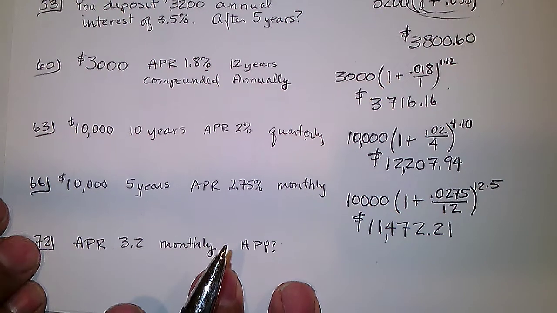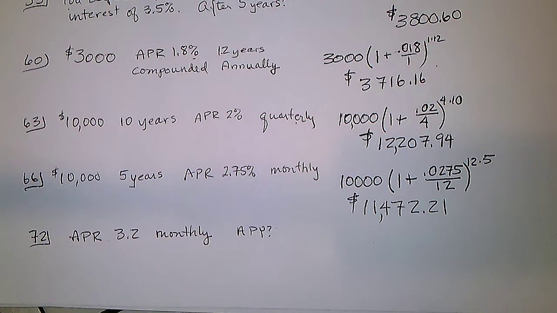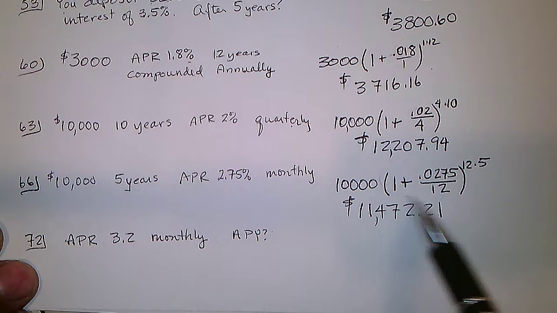Okay, we've got another one. We're going to do monthly, the APY. Now, it doesn't give us an amount to start with. We really don't need to know that. We really need to know what this multiplier would be.